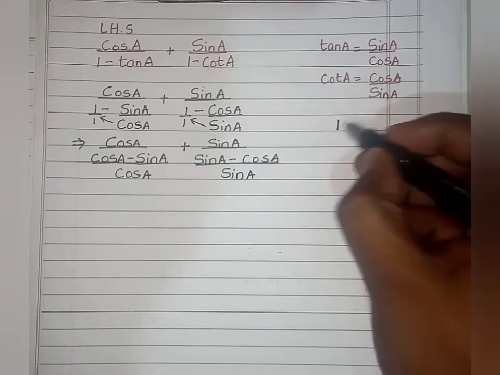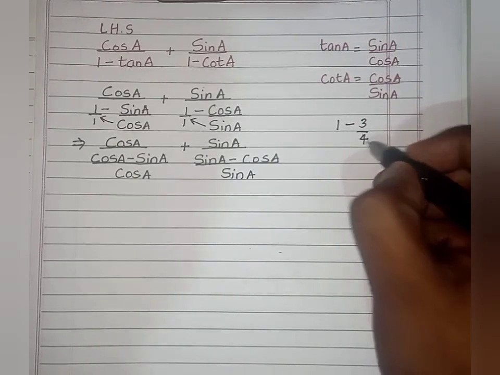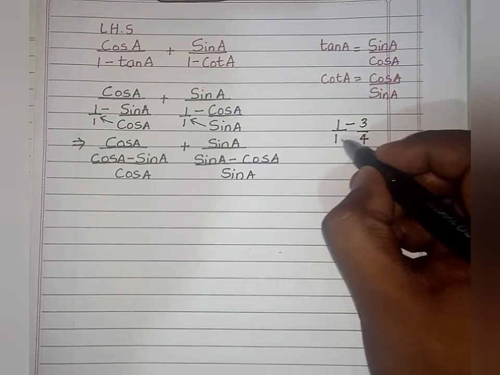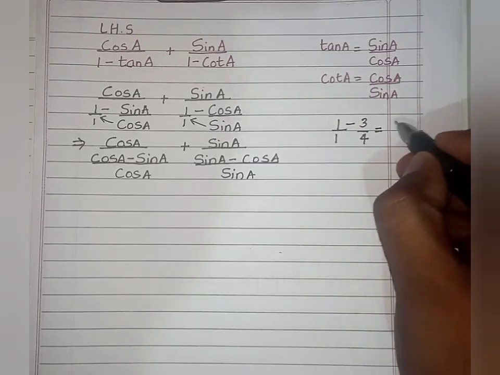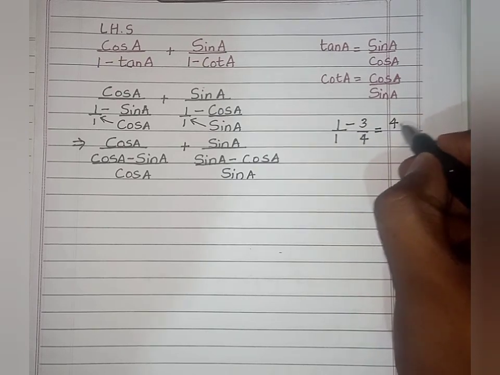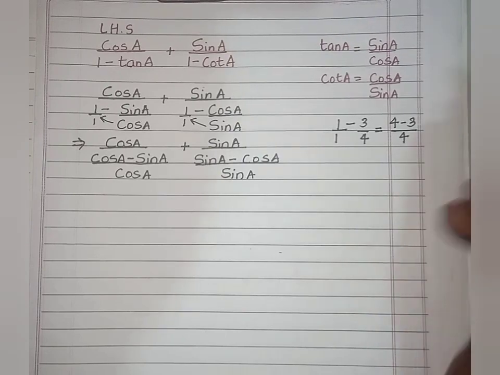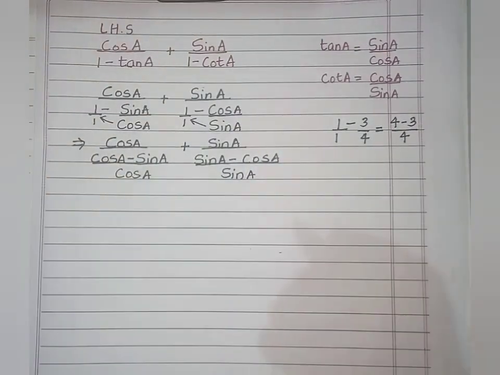Now let me give an example for this. If I am subtracting a fraction from a whole number, 1 minus 3 by 4, what I'll do, I'll write 1 as 1 by 1, and the LCM of 1 and 4 is 4. Now 1 by 1 into LCM, that is 4 minus 3 by 4. In the same way I am writing this.